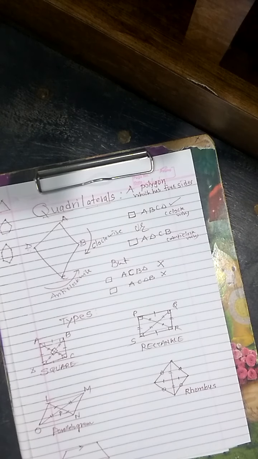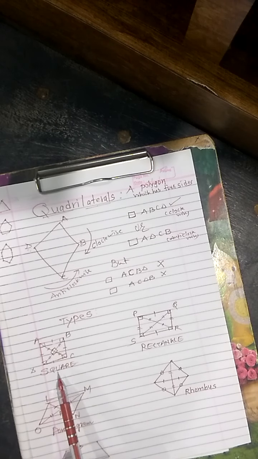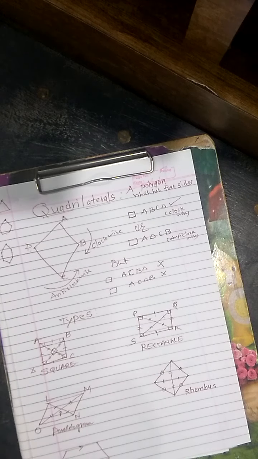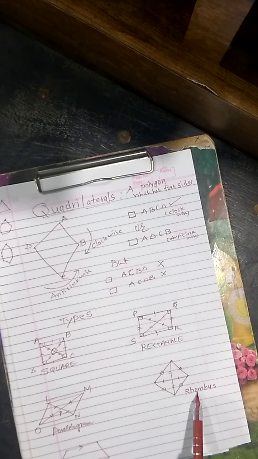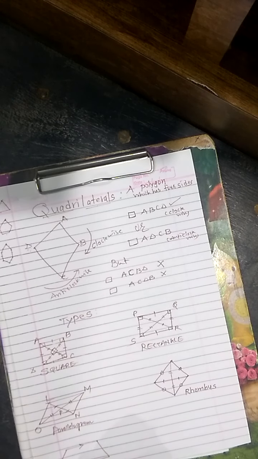Now we are going to see the types of quadrilateral. There are 5 types of quadrilateral in our syllabus: square, rectangle, parallelogram, rhombus, and trapezium.